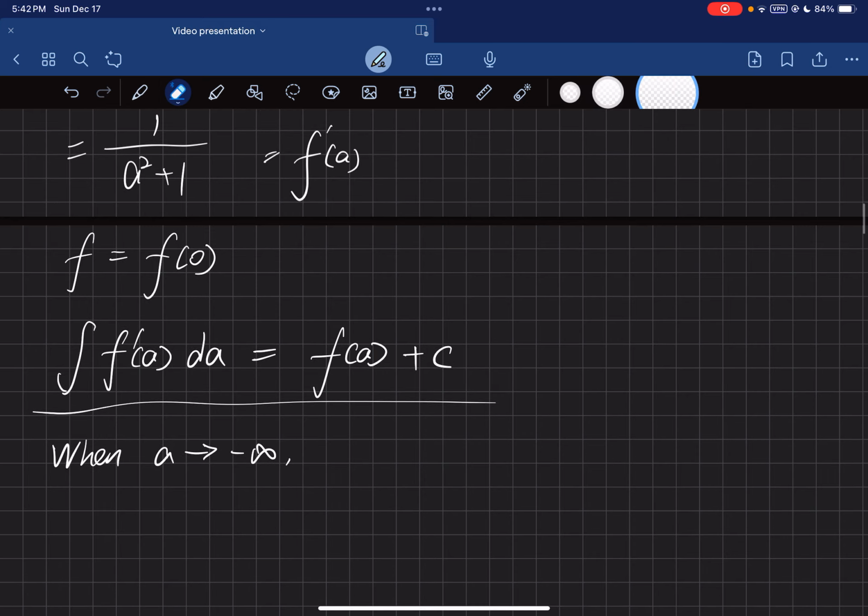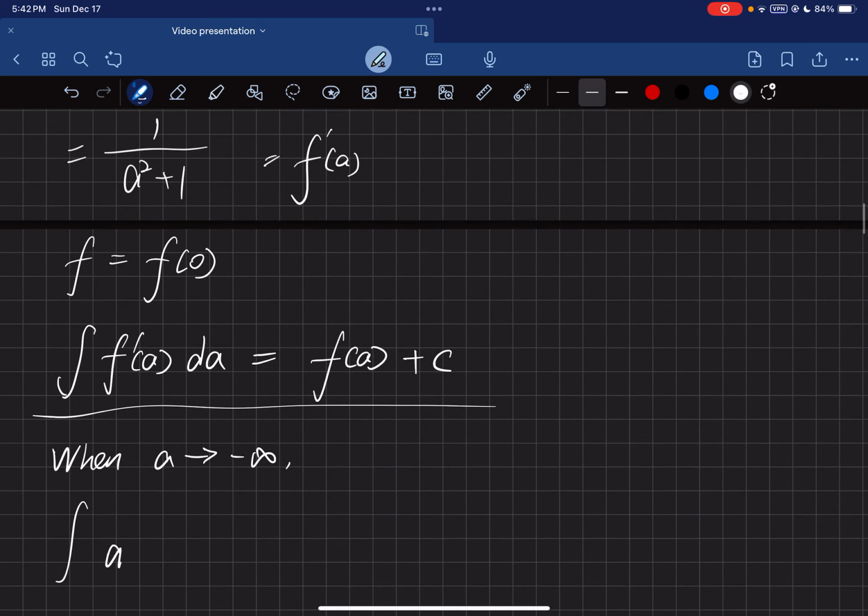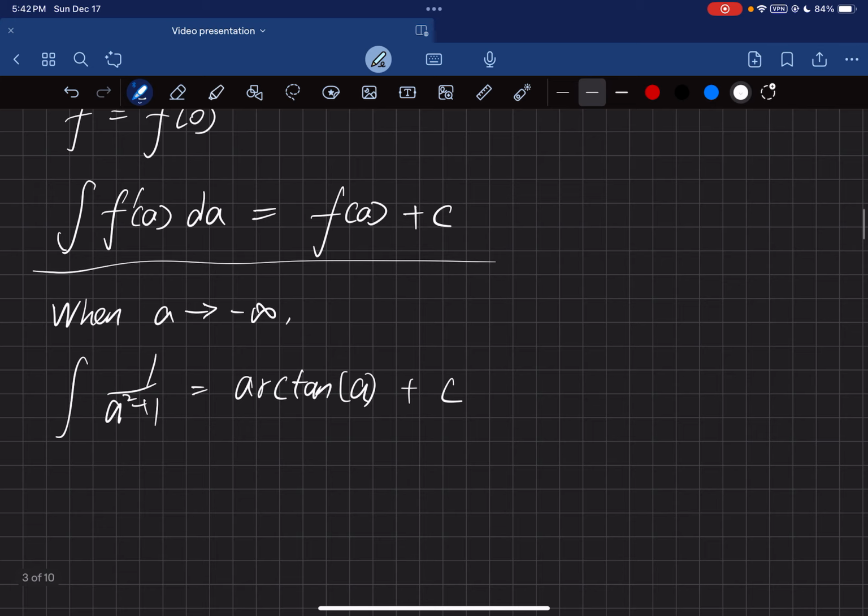So now we take the integral of the function. We'll find that arctangent a plus c, right? Oh, forget the a.